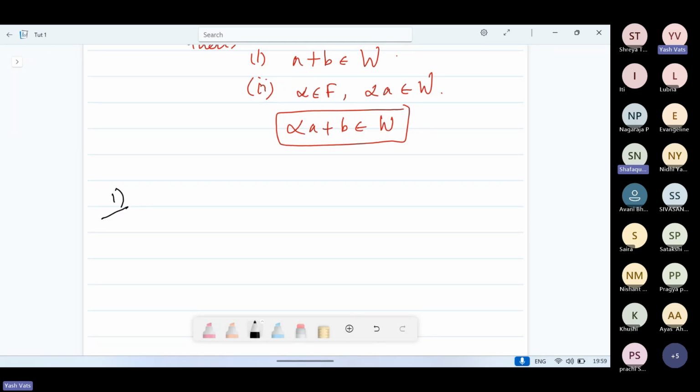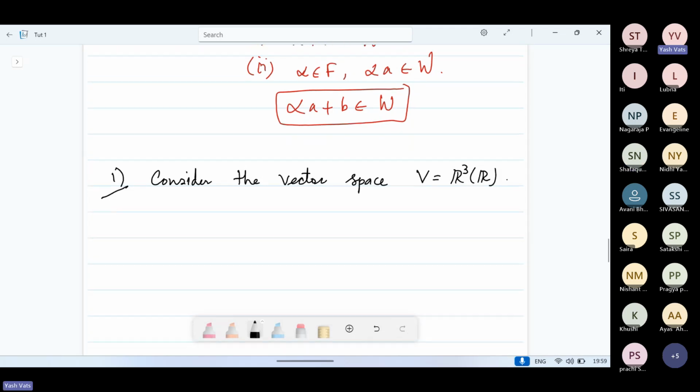So what is the first assignment question? Consider the vector space V equals R3 over R. Which of the following are subspaces of V?